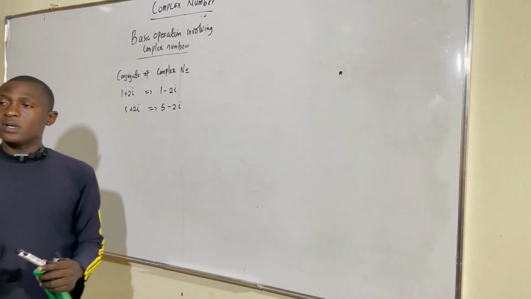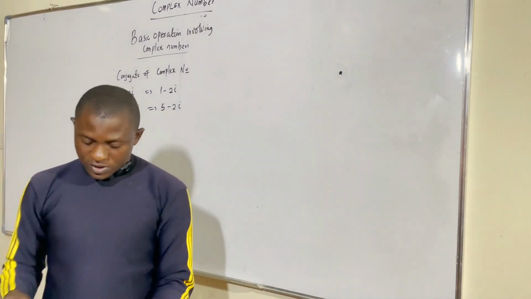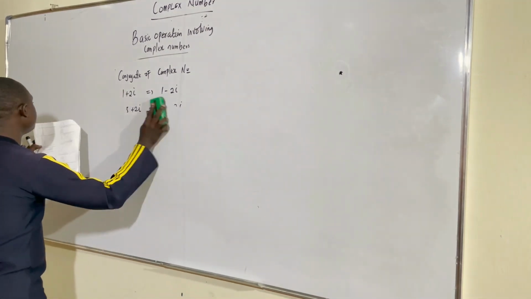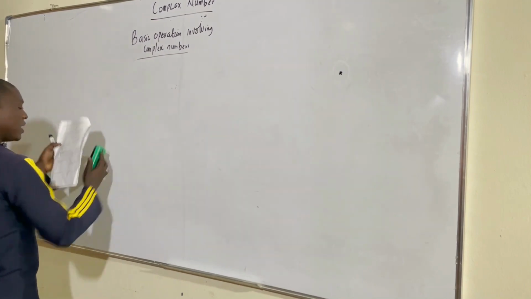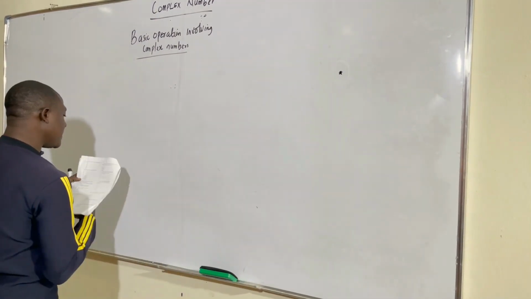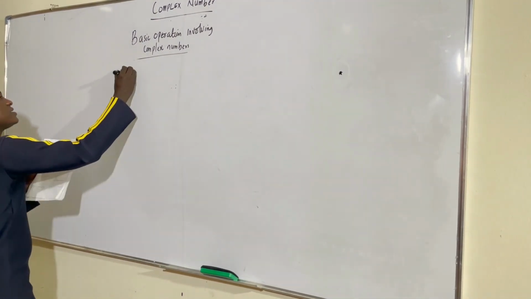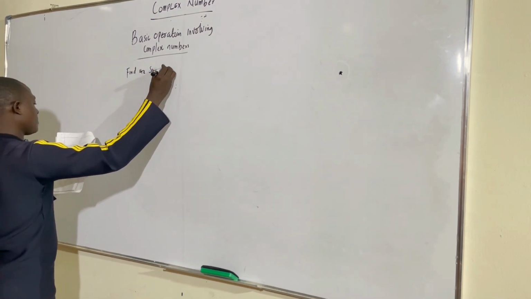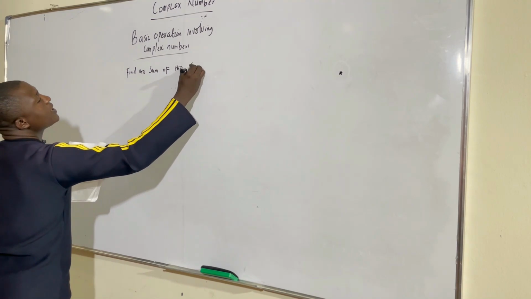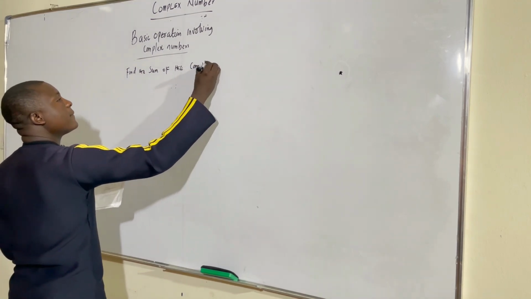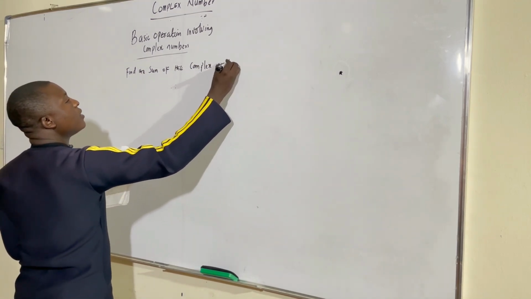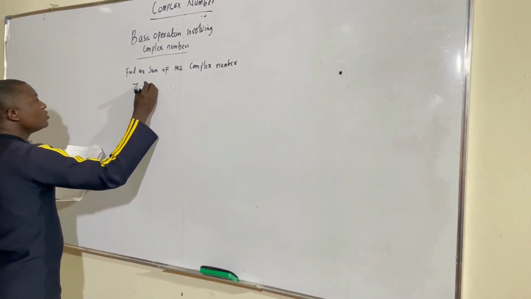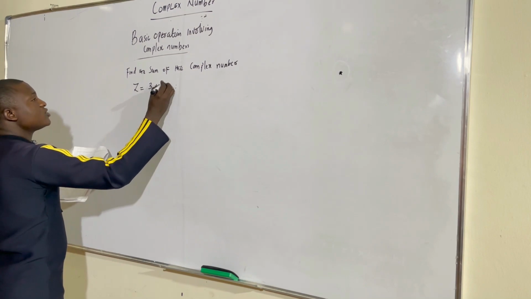Let's take a look at some questions from past exams and how we can play with this too. Let's look at this problem. They said, find the sum of the complex number z equal to 3 plus 2i and its conjugate.